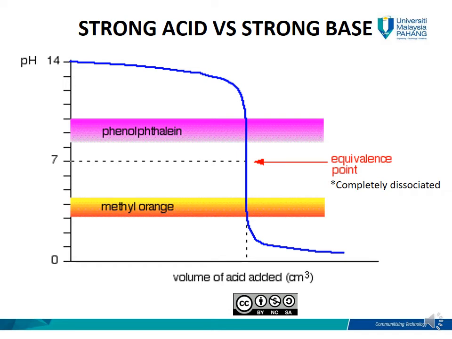As you can see, when the lines start to curve, it shows the starting point of the end point. And in between the end point there is one point we call the equivalent point. At this equivalent point it shows that it is completely dissociated. So basically the equivalent point is at pH 7 if it's a strong acid.